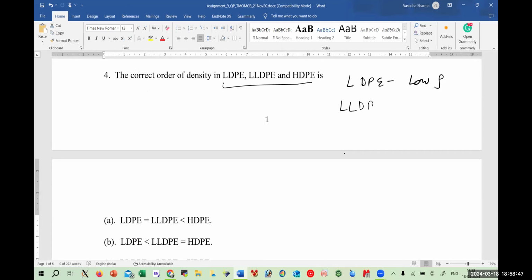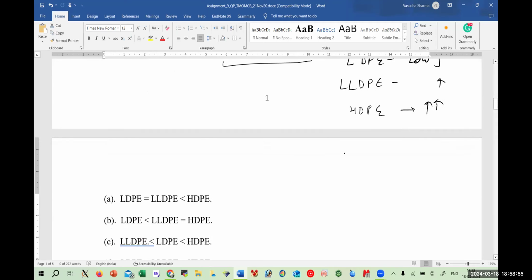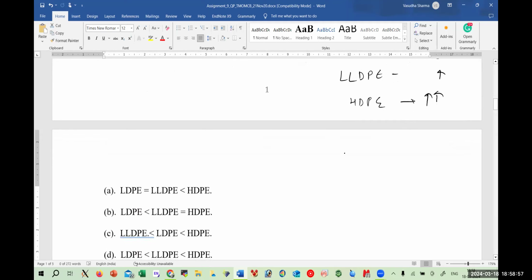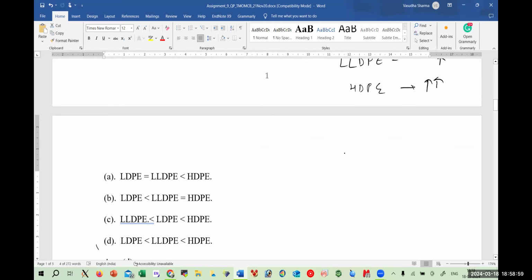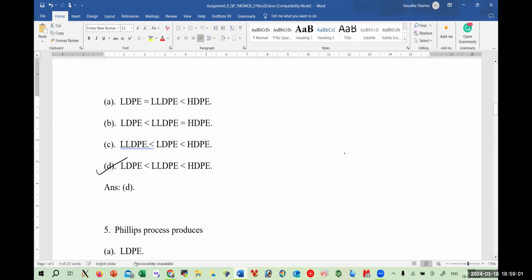Then LLDPE is a little higher compared to this one, and HDPE is the maximum. So that option is the right one. The density we also know: HDPE is 0.94 to 0.97, this is 0.925 to 0.94, and this is 0.9 to 0.925.